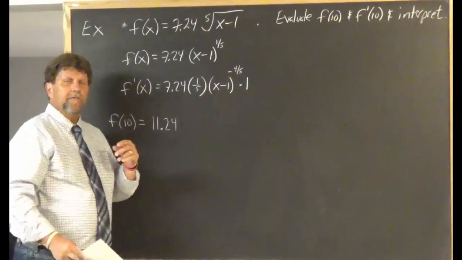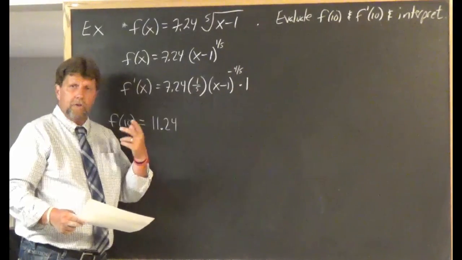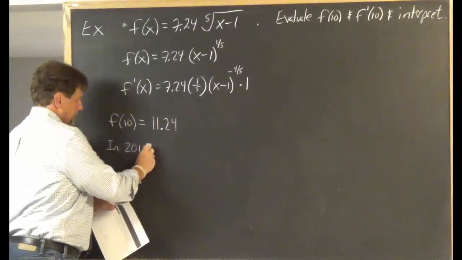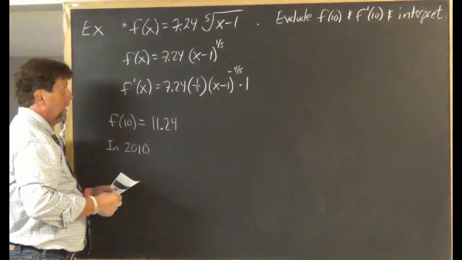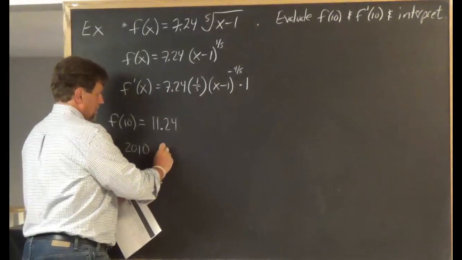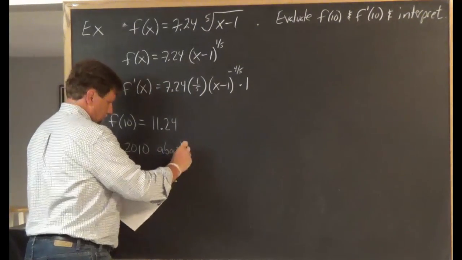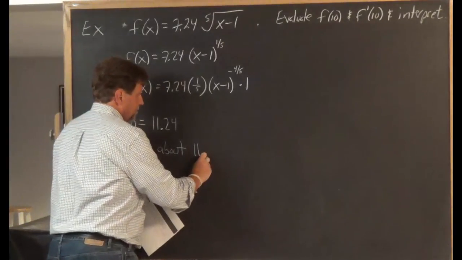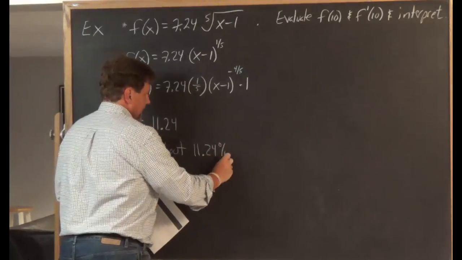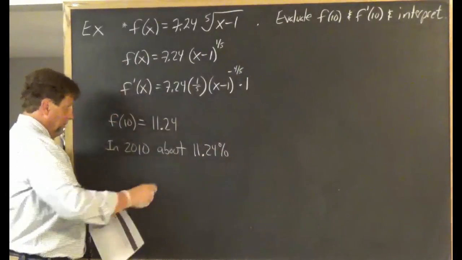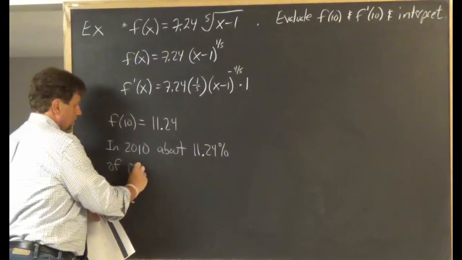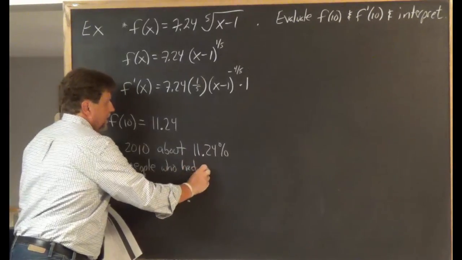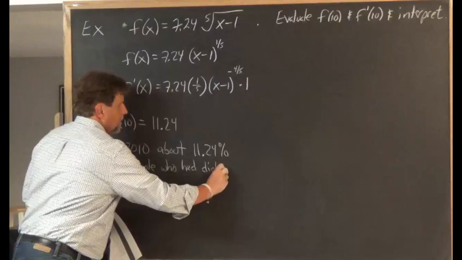So an x value of 10 would correspond with the year 2010. So in 2010, there were about this number, that was a percentage. So about 11.24% of the population or of people who had diabetes.